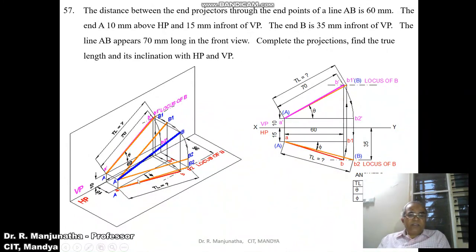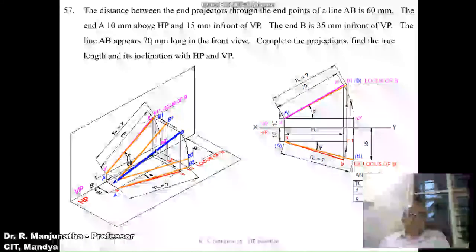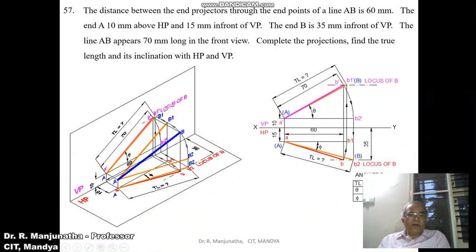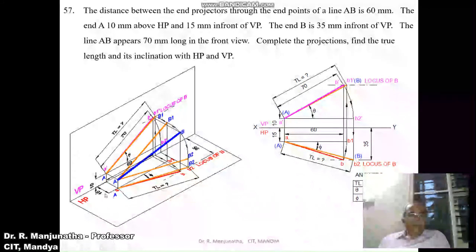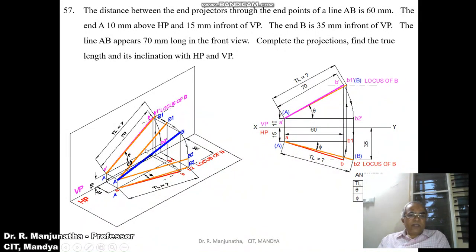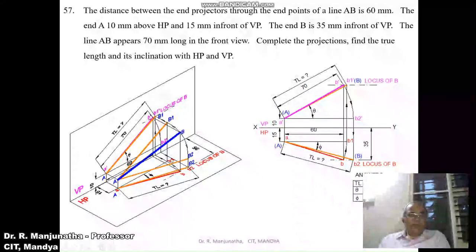So now the line is parallel to VP. So you are going to get the true length in VP. When you project into the front view, you can see that point B1 dash, which is here. So when it is rotated, both B1 and A are in front of VP by 15 mm. So you are going to get AB1, which is the line parallel to VP. So we will be able to get the true length in the vertical plane when you look from the front view.